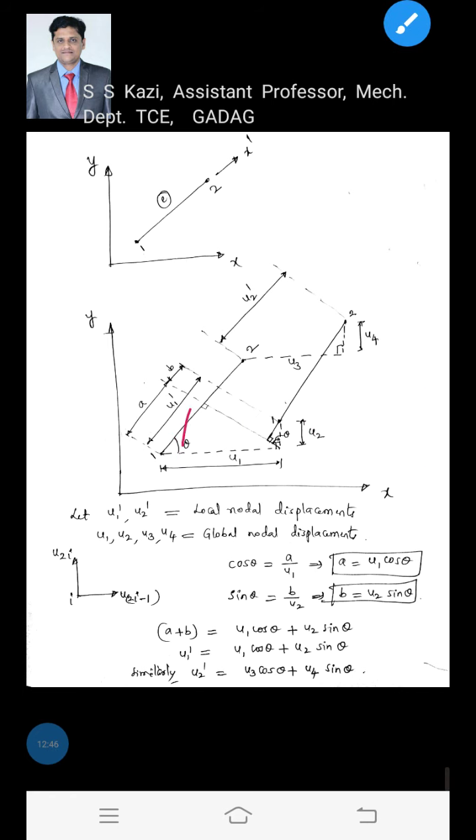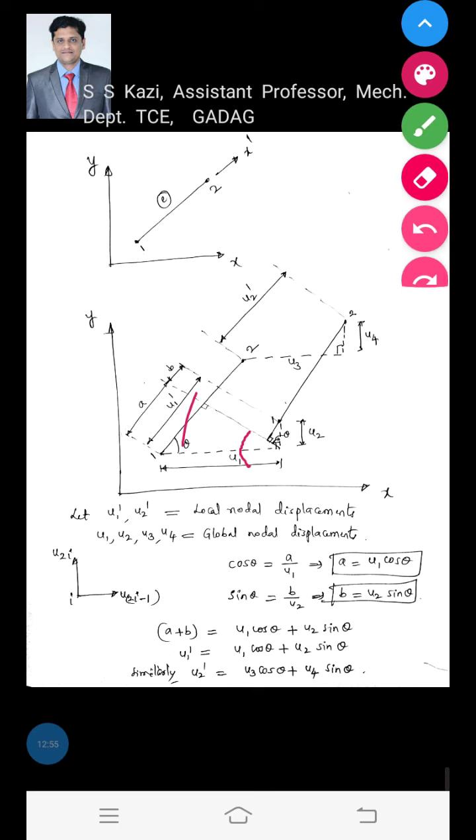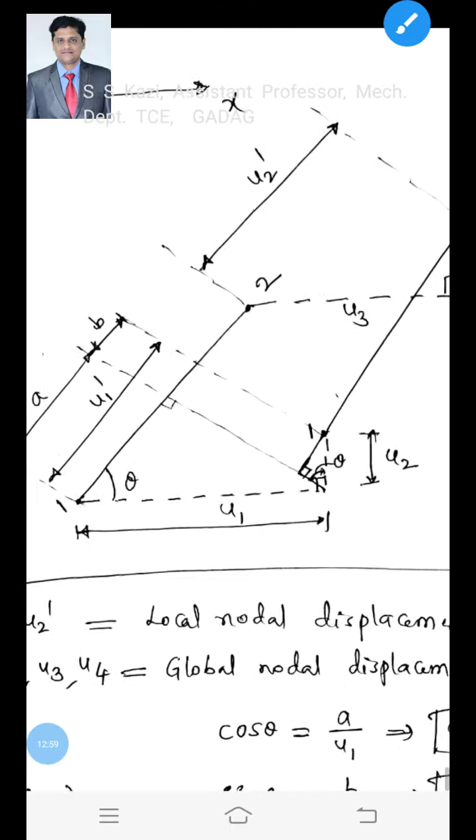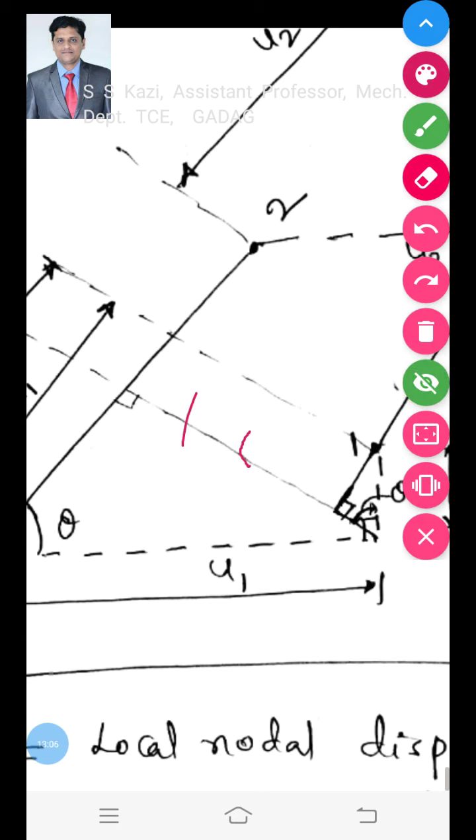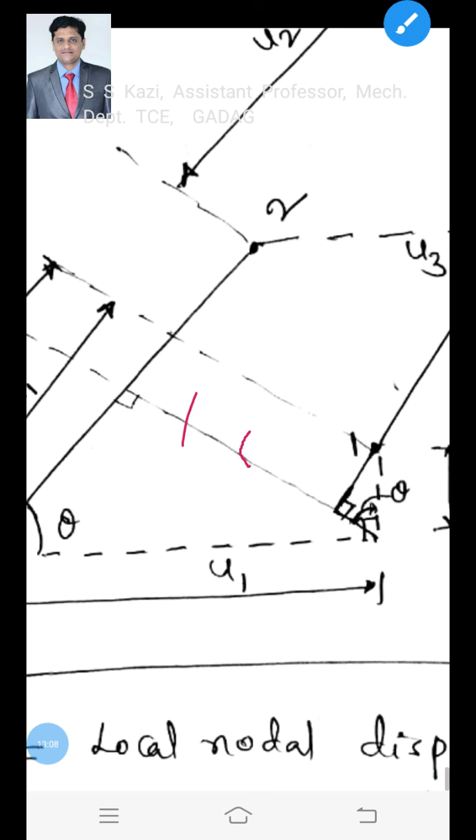If this is theta, then this angle will be 90 minus theta, and if this is 90 minus theta, then this angle will be theta.